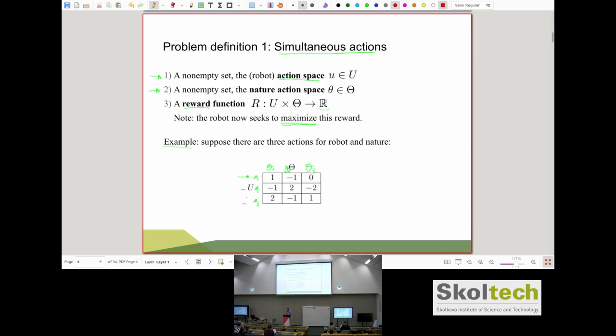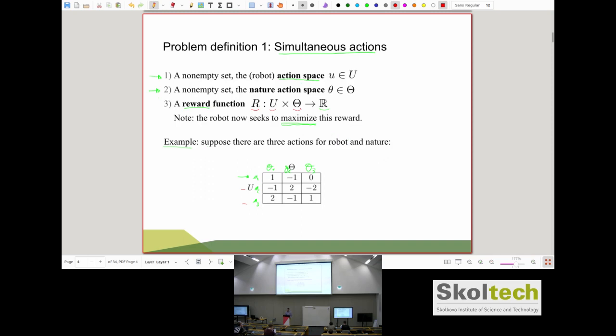You have three actions. And then you don't know what's going to happen, but you know that the combination, because this is the reward, how we are defining the reward, given an action and given the second action from nature, there's going to be a value. So in this case, you want to maximize this.